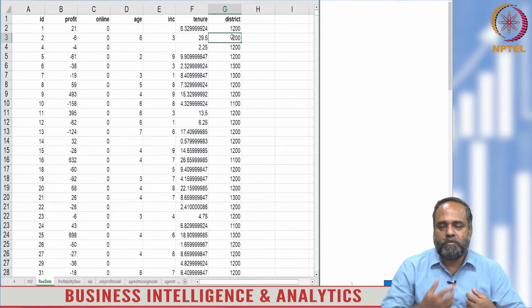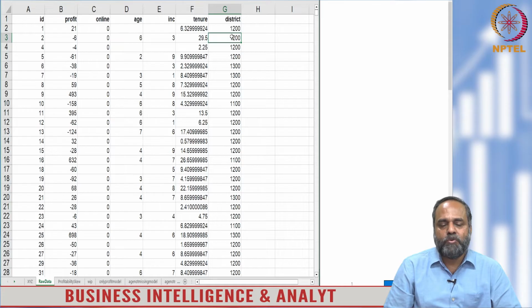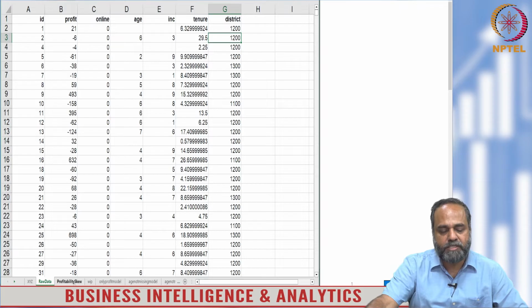So one is going to undertake a small pilot analytics project to generate some insight, so that the insight can be used for decision making. Let us see, as an analyst, what descriptive analysis one could do.